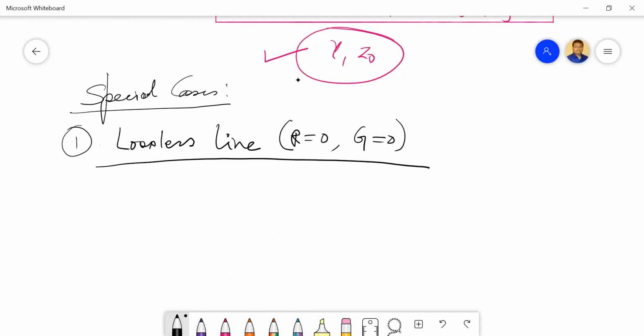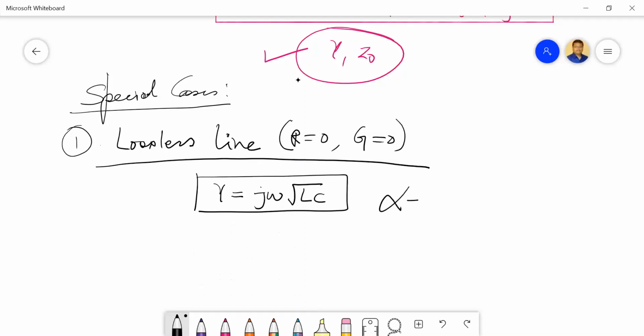Now in that case, what is gamma? Gamma will be j omega square root of LC only, as R and G will be 0. Fine. It means that alpha is equal to 0 and beta is omega square root of LC. Only the imaginary component is there.